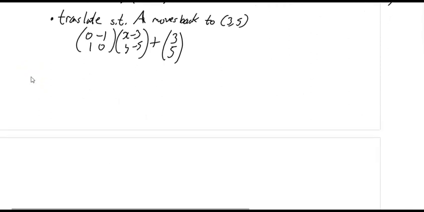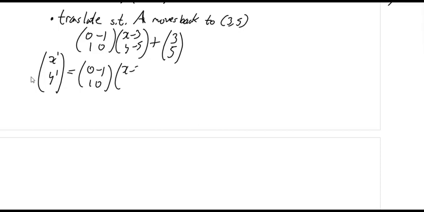So that was part of our explanation really. How you would actually set this out then: your (x', y'), that's your new image point, is going to be (0, minus 1, 1, 0) times (x minus 3, y minus 5), plus (3, 5), and then we actually have to go through and do this. So your first step, multiplying out, that's a 2 by 2 times a 2 by 1, which is going to be a column vector.